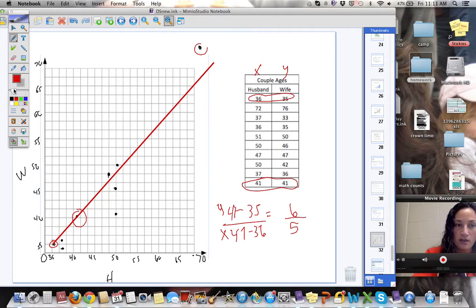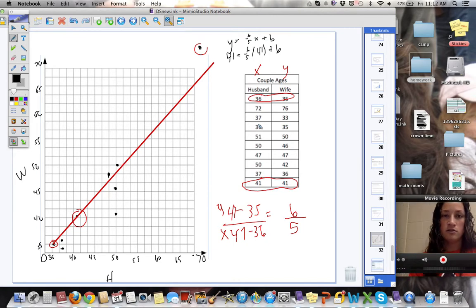And then to interpret the y-intercept, we actually have to find the y-intercept. So this is where we have y equals 6 over 5x plus b. And I'm just going to use 36 or 41, 41 because it's the same point, so I don't have to worry. 41 equals 6 over 5 times 41 plus b.